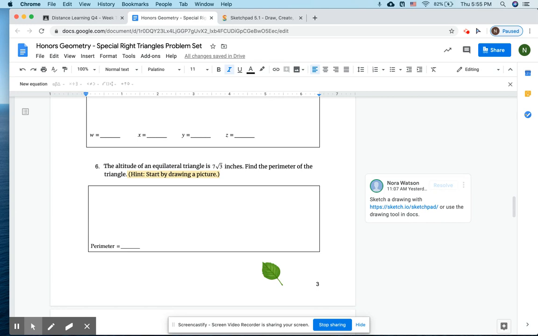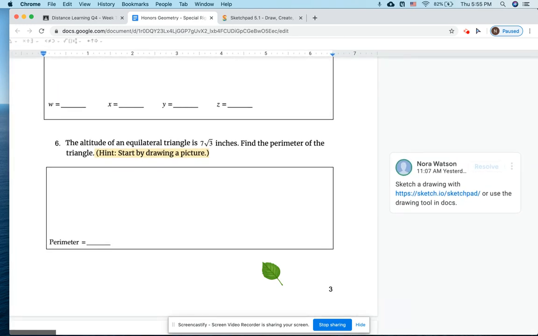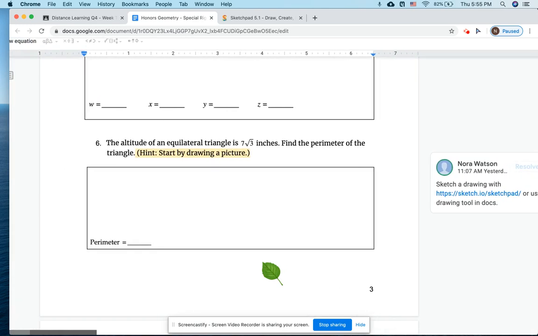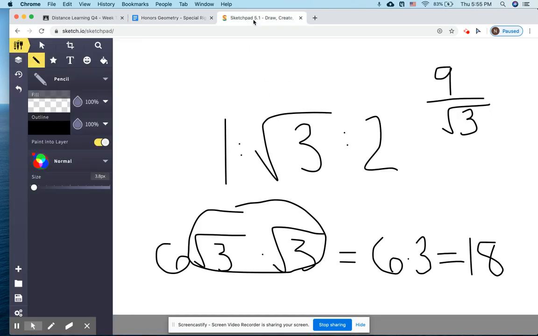And then in problem 6, we are finding the altitude. We're told that the altitude of an equilateral triangle is 7 root 3, and we want to find the perimeter. So I'm going to sketch this triangle.